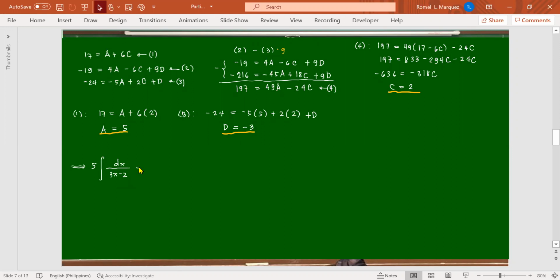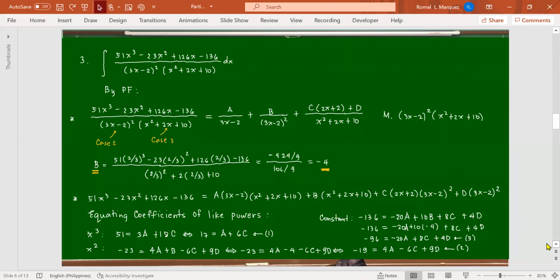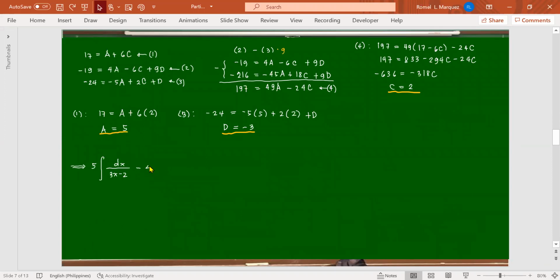And then plus, B is negative 4, I think. Let's put that out. B is negative 4. So negative 4 plus integral of, I can bring the 3x minus 2 in the numerator, getting negative 2 as the exponent.